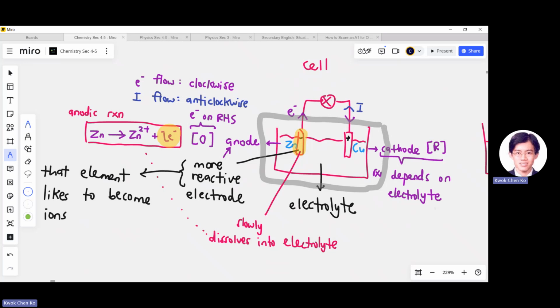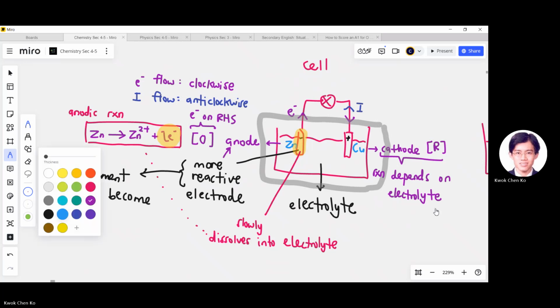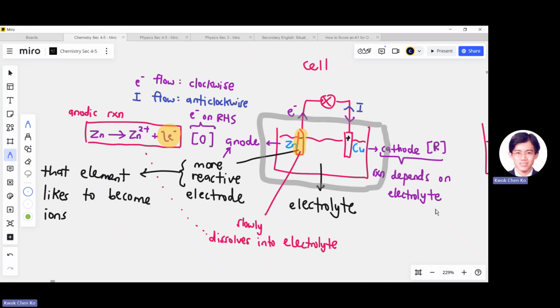The cathodic reaction depends on electrolytes. Guys, very important question. I did say that this is copper metal, and I did say that it's the cathode, so there's reduction here.